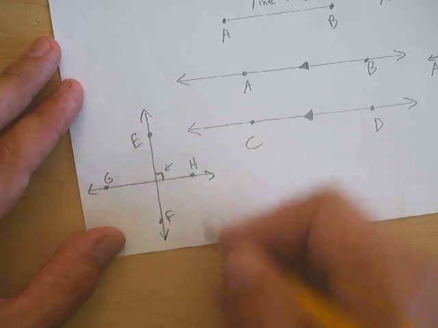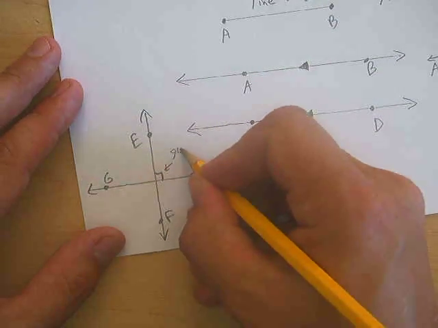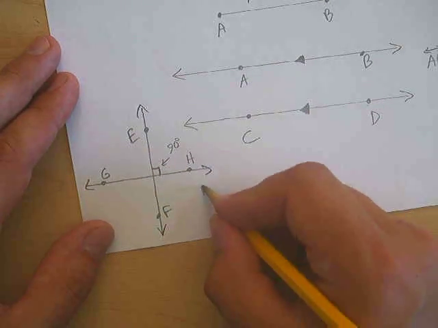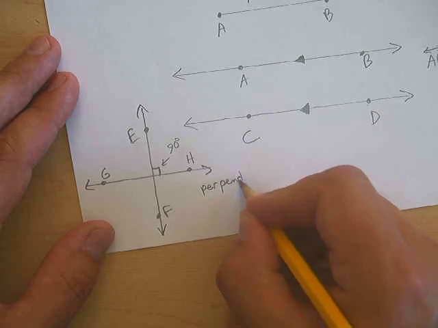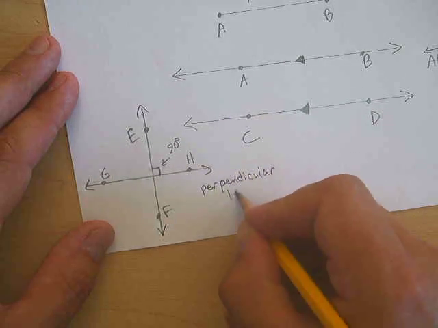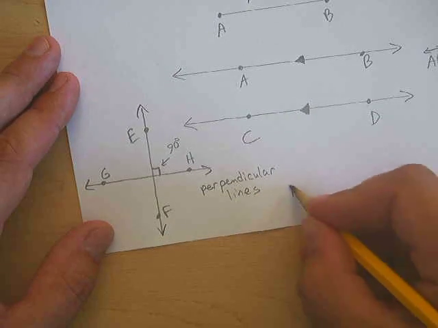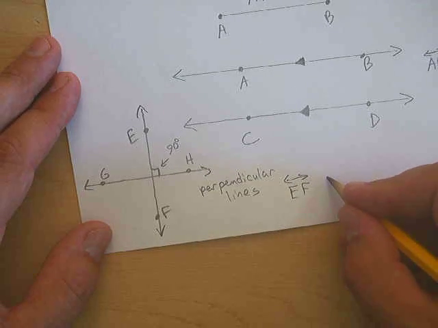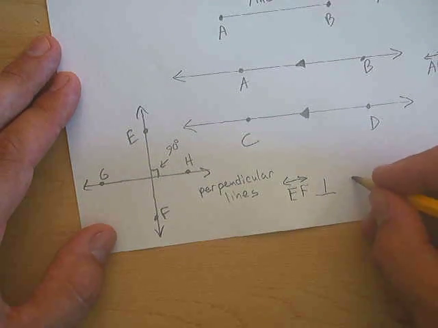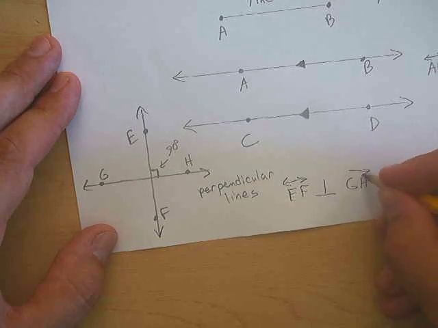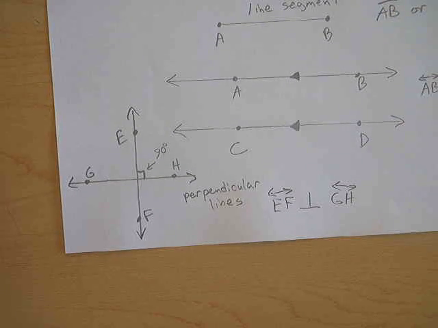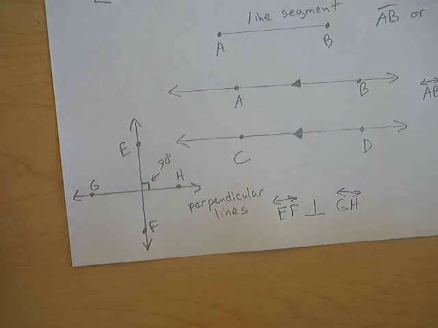These two lines are intersecting at a 90-degree angle, which is marked with a box like this. If two lines intersect at a 90-degree angle, they're called perpendicular lines. They're written like this: EF, and perpendicular to is an upside down T, GH. So those are perpendicular lines right there.